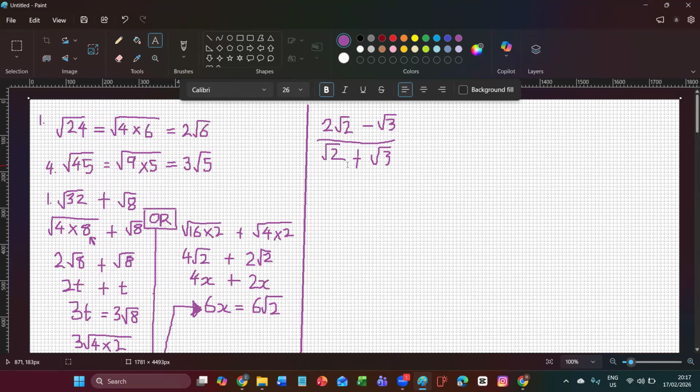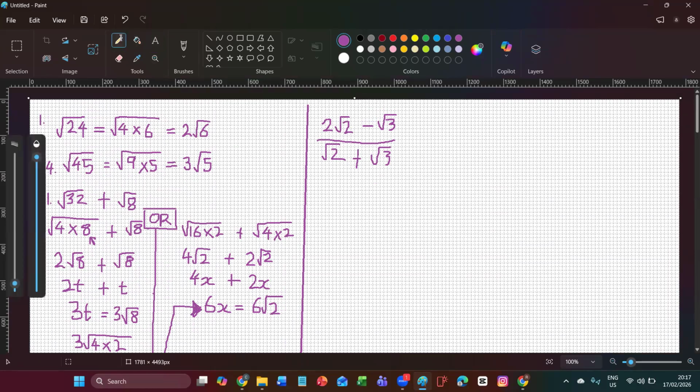So what do you do? You multiply the numerator and the denominator by what is called the conjugate. How does it look? The conjugate is simply the same surd, root 2 plus root 3, but instead of plus, the opposite of plus is what?